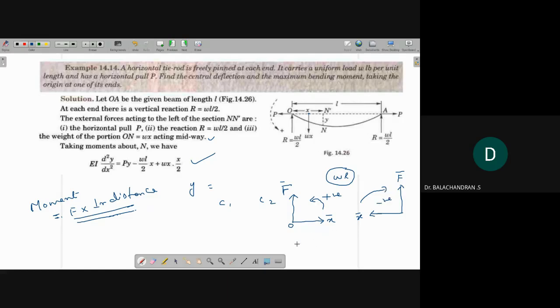And this is force, force is downwards here. And here the radius, this is the origin. Here it is clockwise direction, negative, and force is downwards.